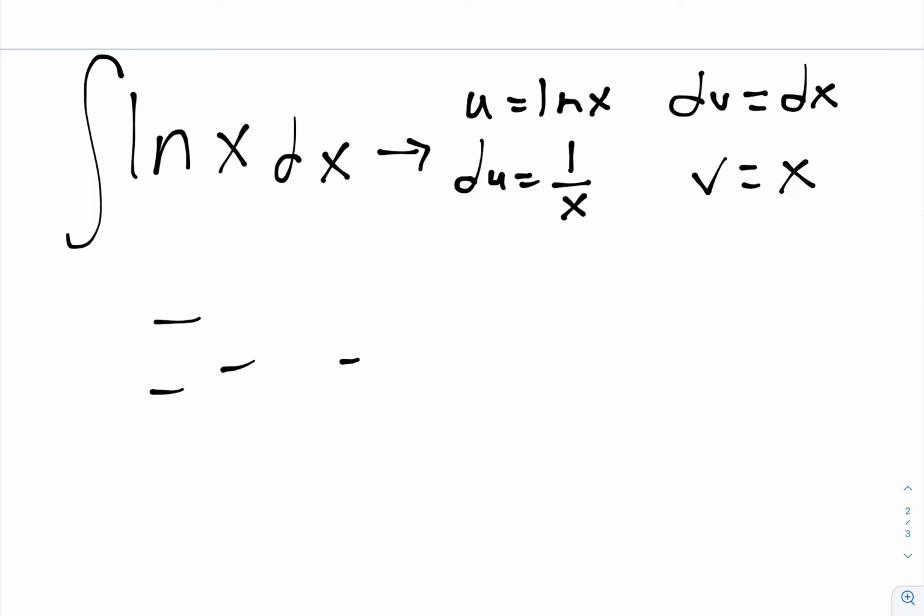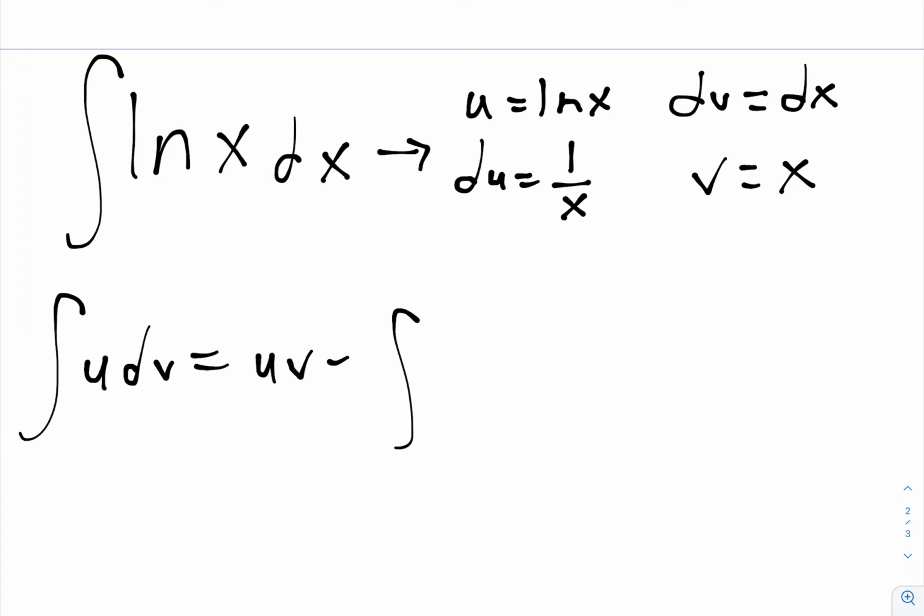All right, so now that we know what our u and v, du and dv are, we can plug this into our integration by parts formula. So integral of u dv equals uv minus the integral v du. I heard a song, it was like, roses are red, violets are blue, integral of u dv equals uv minus integral v du.